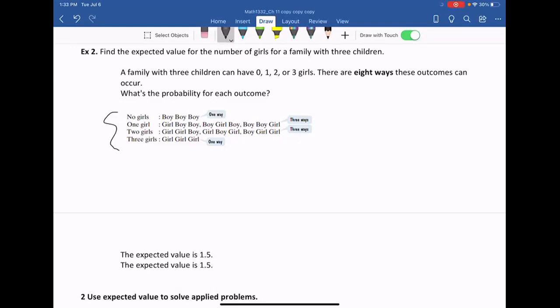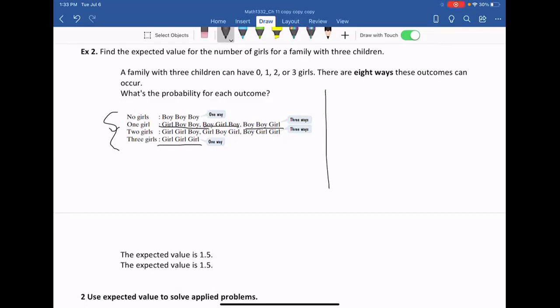For 1 girl, we have three ways: the first is a girl, or the second child is a girl, or the last child is a girl. For two girls, we also have three ways: girl, girl, boy; girl, boy, girl; boy, girl, girl. And for three girls, the three children are all girls. We have only one way. So totally, the sample space number is 8.